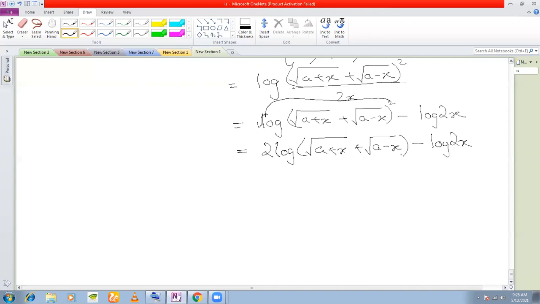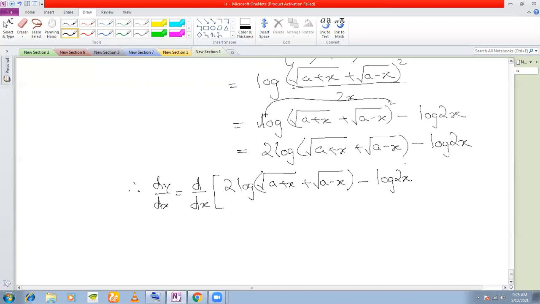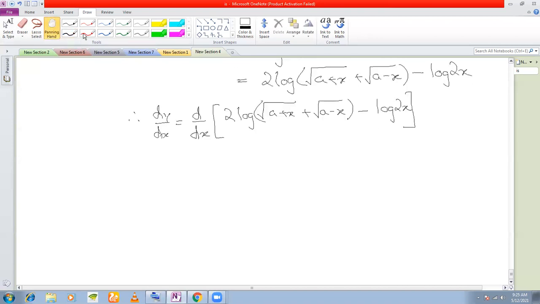Now it becomes very easy to differentiate. So therefore dy/dx is equal to d/dx of all this: twice log root a plus x plus root a minus x minus log 2x. Now it can be written as twice d/dx log root a plus x plus root a minus x minus d/dx log 2x.